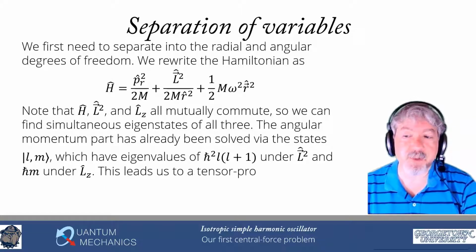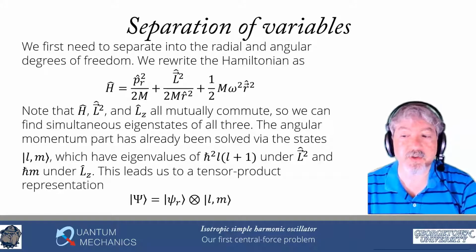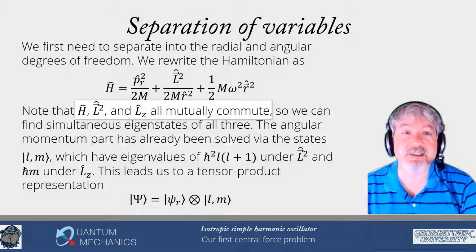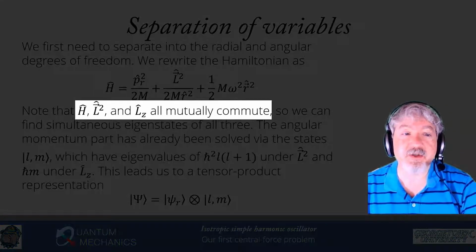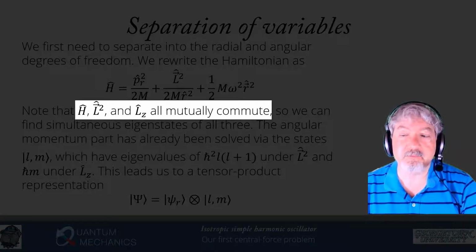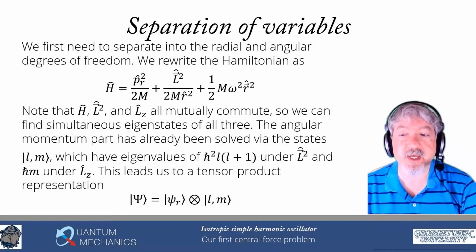The radial position operator also has nothing to do with angles, so it commutes with all angular momentum. And of course, L squared and one of the components of angular momentum also commute. It's tradition that we pick Lz. So H, L squared, and Lz all mutually commute. We call that a maximally commuting set, and it means that we can find simultaneous eigenstates of all three.